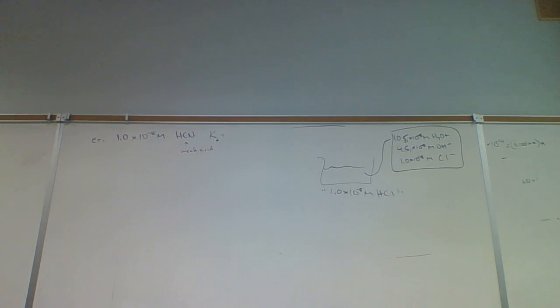We'll just get it from chapter 16, which is a smaller table of Kas. HCN is called hydrocyanic acid. Here's the hydrolysis equation, and the Ka value for that is 6.2 times 10 to the minus 10.